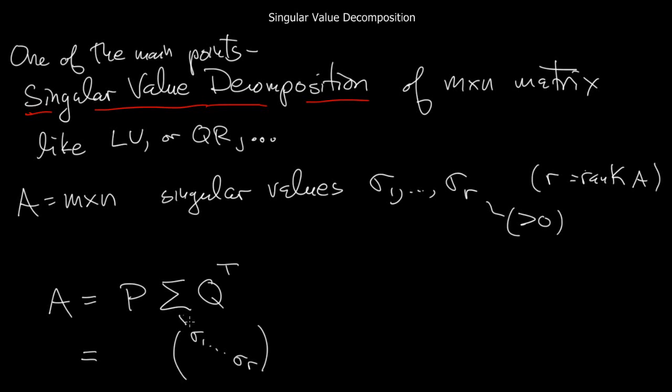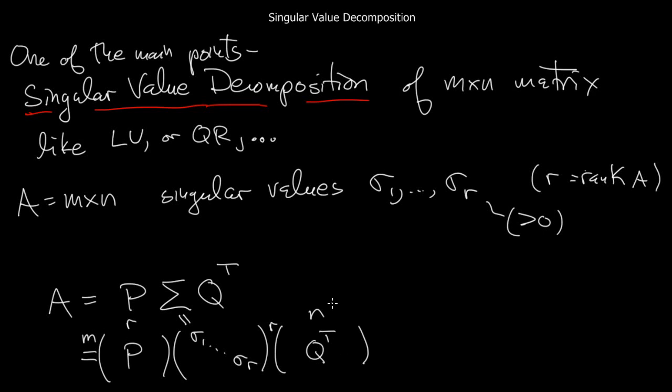And you're multiplying it on the left by a matrix P, and on the right by this matrix Q transpose. All right, and this matrix P is of size M by R, and the matrix Q transpose is by necessity of size R by N.